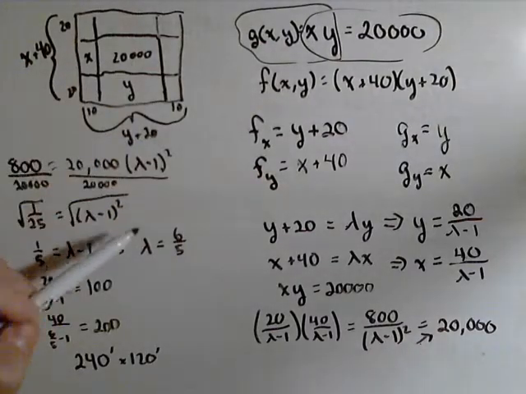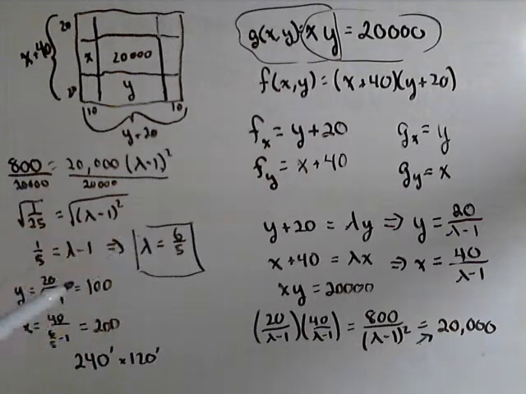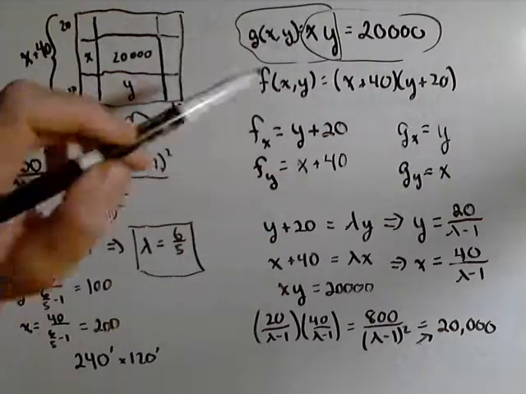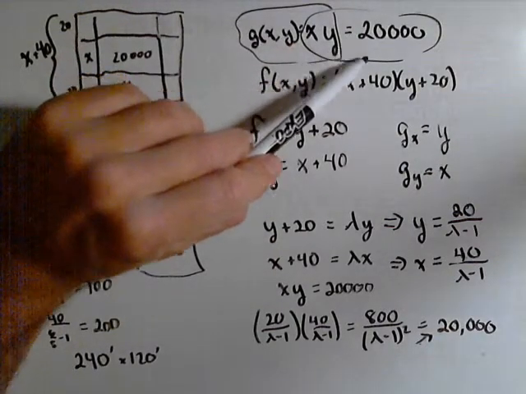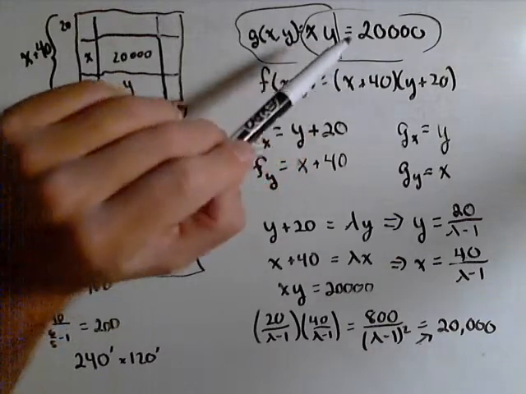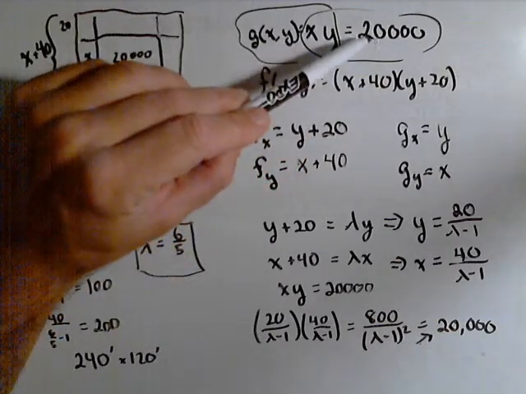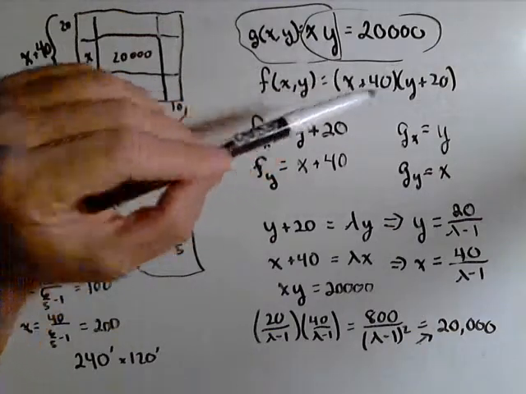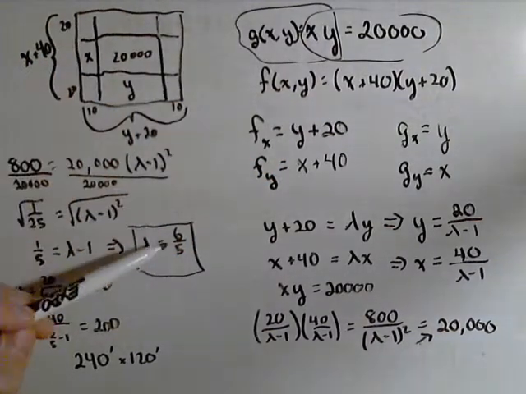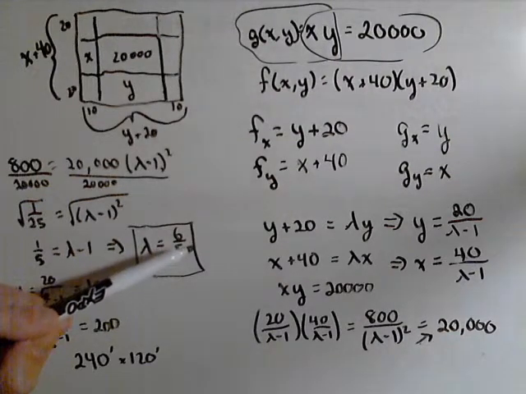So let's talk about the meaning of lambda, because this is always interesting. Lambda talks about the change in our objective function with respect to a change in our constraint. So if we were to raise our constraint by 1, so if we were going to allow our building to be 20,001 square feet, we would expect the area of this plot of land to go up by 6/5 of a square foot.